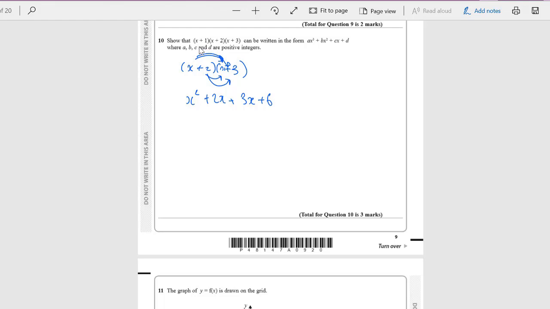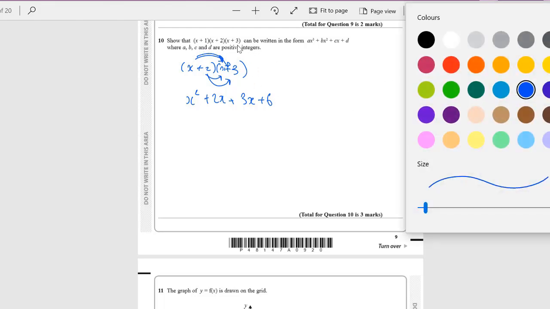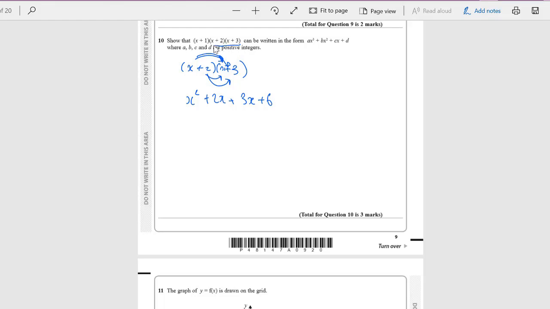And then the one that we have left is x plus 1. I'll do it in a different color. So x plus 1 times all of this, 3x plus 6.